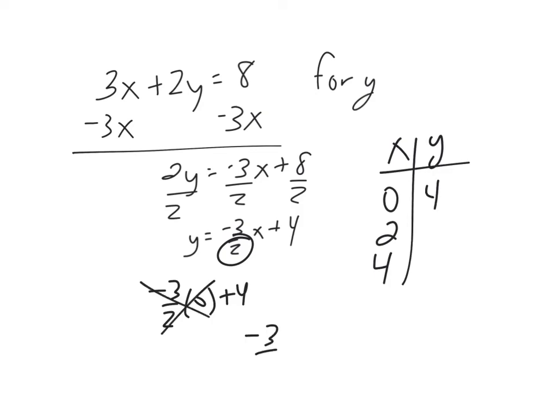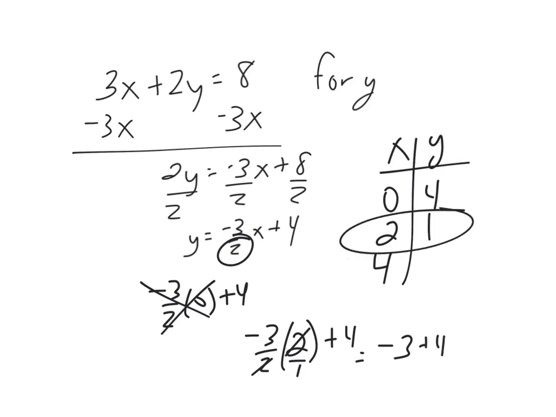And then if I go negative 3 halves times 1 plus 4, this isn't going to work out. Sorry, guys. I'm supposed to put a 2 here, aren't I? What's going to happen to my 2's? Are they going to cancel? They are. And so I got negative 3 plus 4 is 1. So now I got to plot that point, 2, 1. So I got 0, 4, and 2, 1.